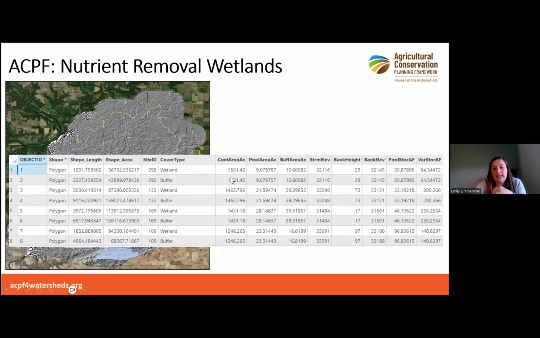Those are going to have the same contributing area. You can see the pool acreage here and the buffer acreage here. And then the information about the bank height, the bank elevation, and then the pool storage versus the variable storage. So that gets at questions around potential water storage associated with putting things like wetlands onto the landscape.